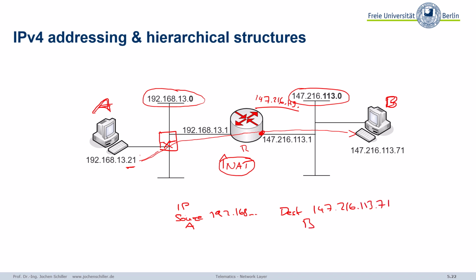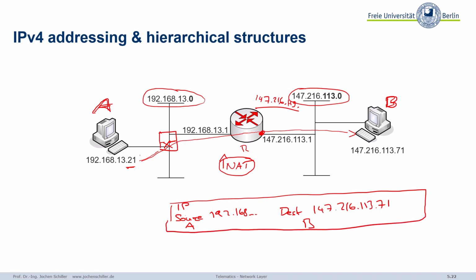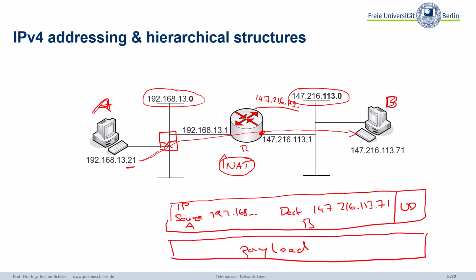That's B. Now that's the IP layer. We know we do this layering, so this is then inserted as payload. Yes, we also have some user data here, but that's all payload for our layer 2.